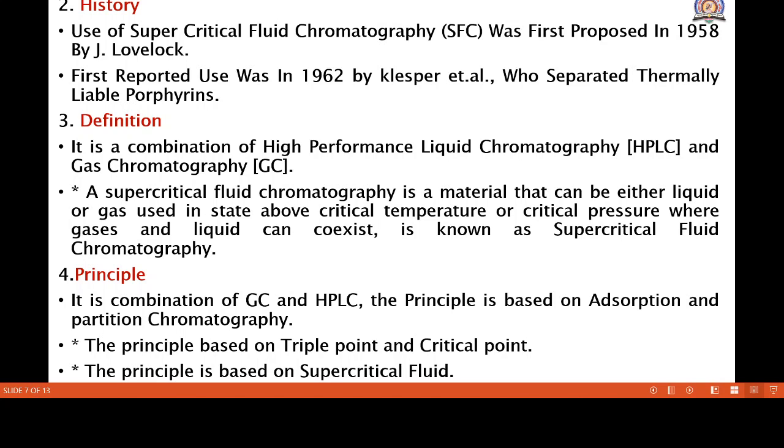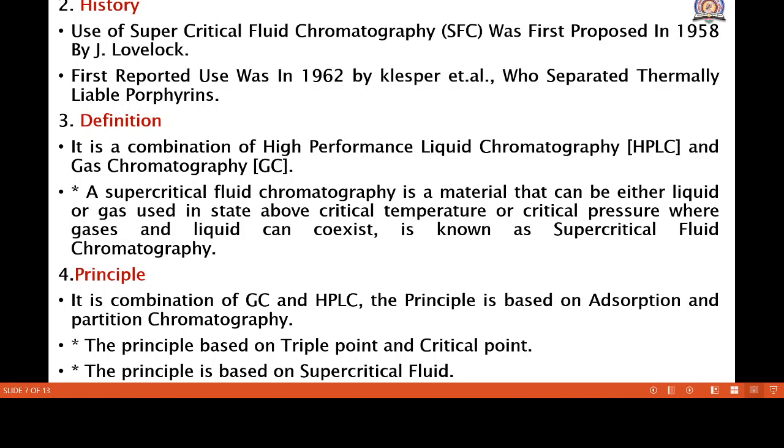Definition of this SFC: it is a combination of high performance liquid chromatography and gas chromatography. A supercritical fluid is a material that can be either liquid or gas used in the state above the critical temperature or critical pressure, where gases and liquids can coexist.